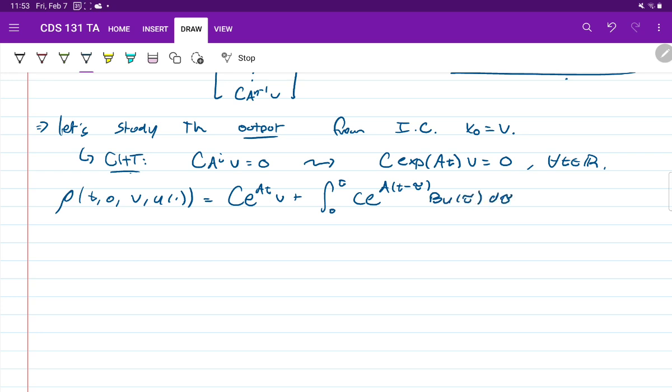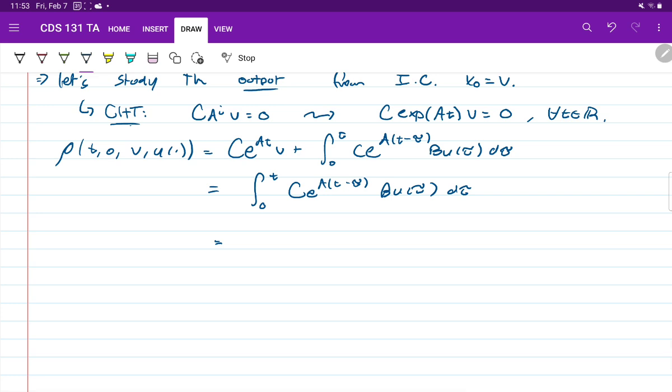Since we have C e^(At) times v equals 0, this is simply equal to the integral from 0 to t of C e^(A(t minus tau)) B u of tau d tau. But what's this equal to? Well, this is equal to the zero state response to this arbitrary input u that we picked. So this is equal to rho of t, t0, 0, u.